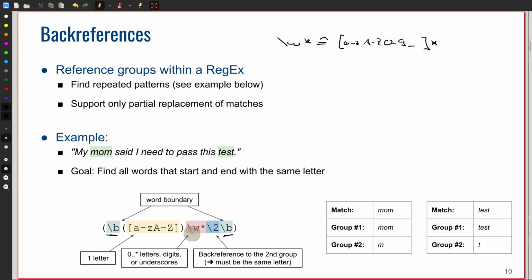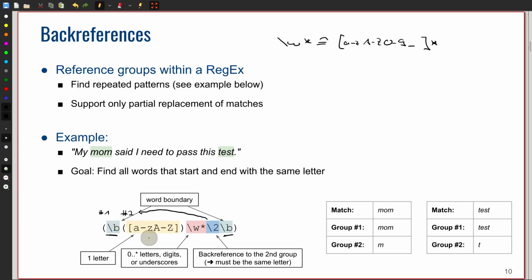But now comes the interesting part. Now we make a back reference. And recall that our groups are numbered. Since we have this outer group, this is basically group number 1. So this will be group number 2. And here we make a back reference to group number 2, which simply means that whatever group 2 was matching must match here again.